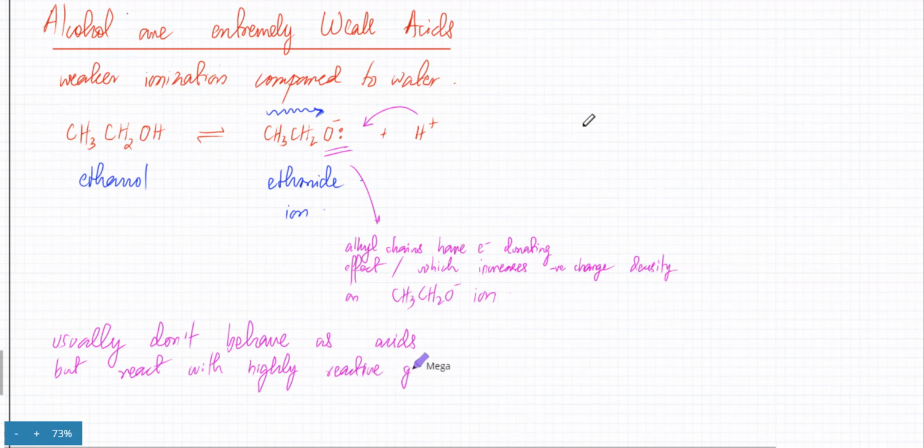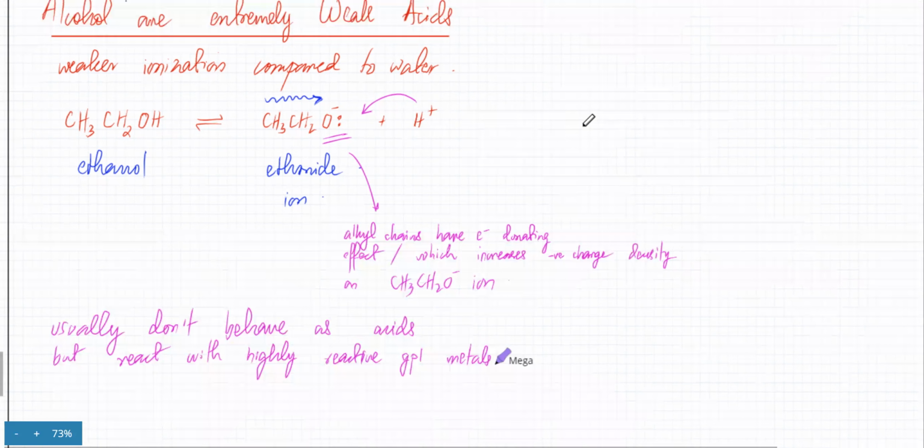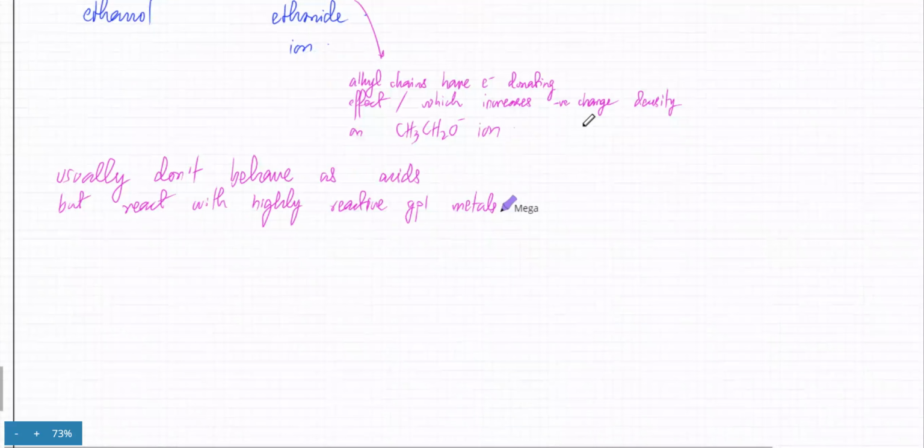And the thing is, even with highly reactive group 1 metals, they react very slowly. Group 1 metals usually have very vigorous reactions, but with alcohols, they have very bad reactions.